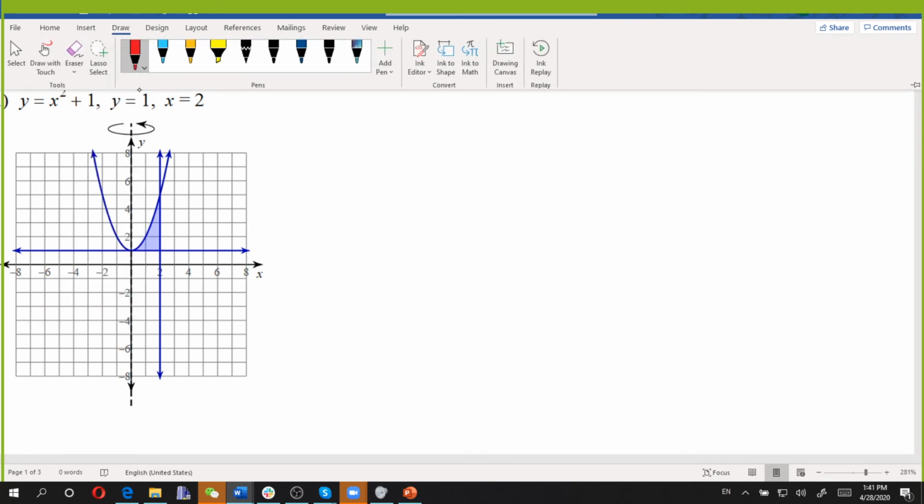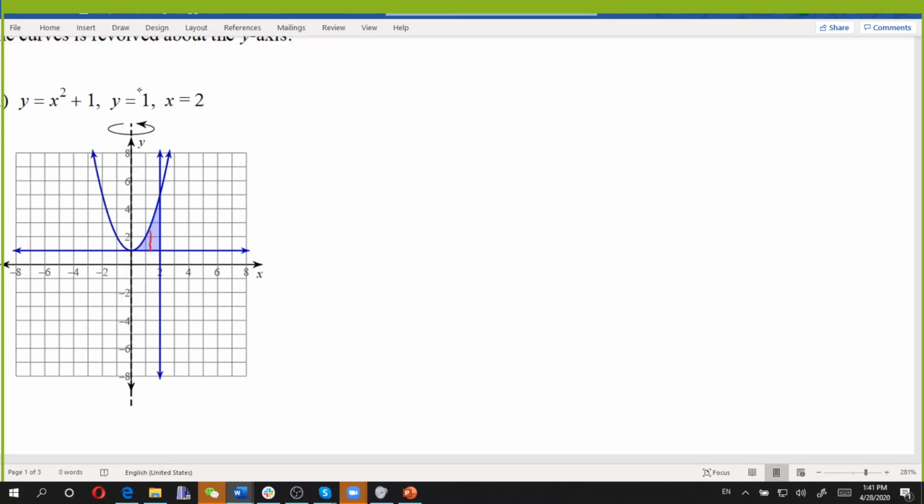Sarah, what will the height of our rectangle be? Okay, x squared plus 1 minus 1, or x squared.